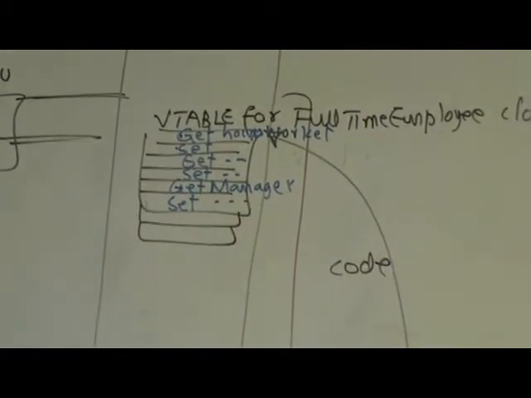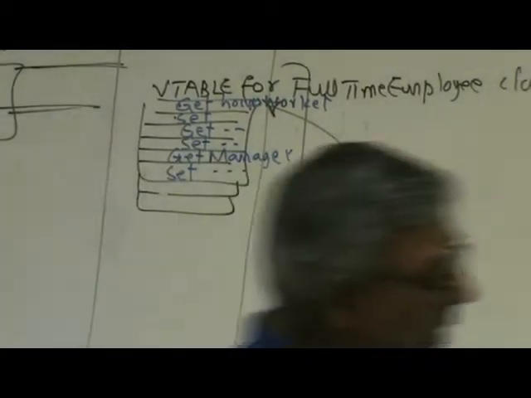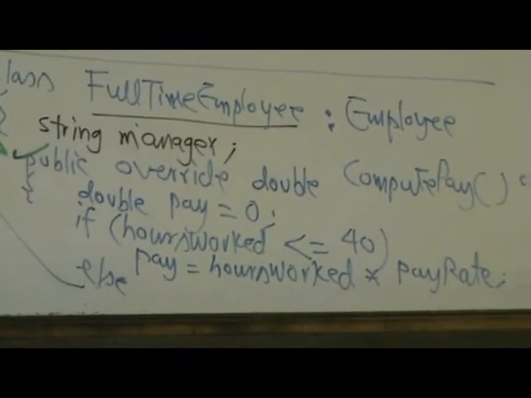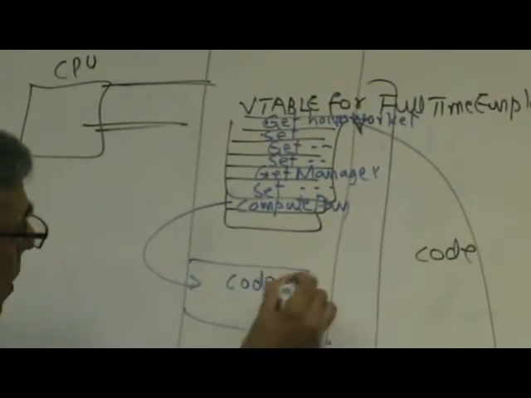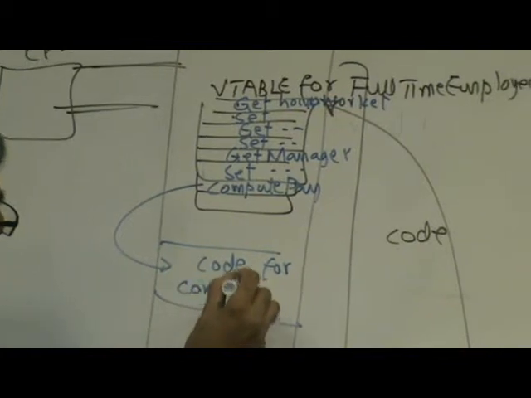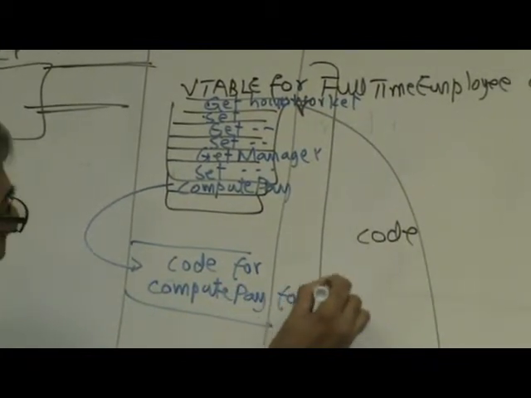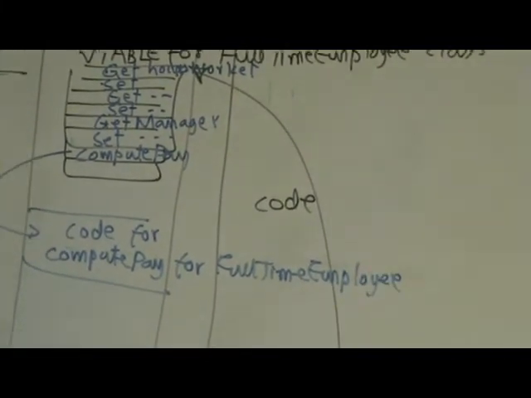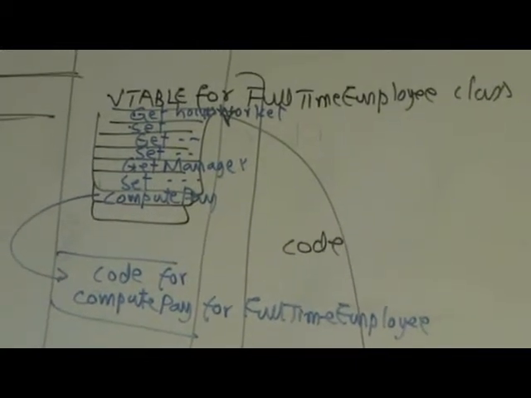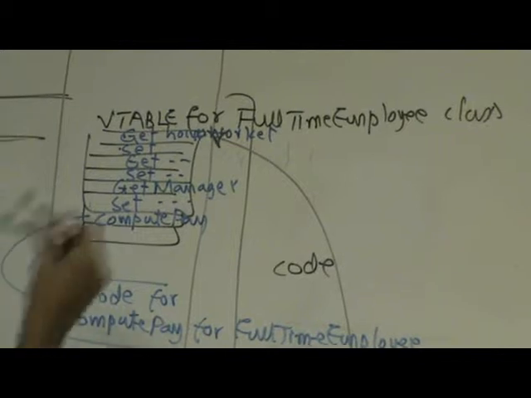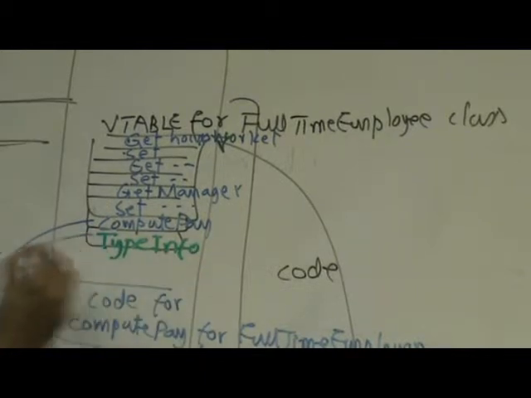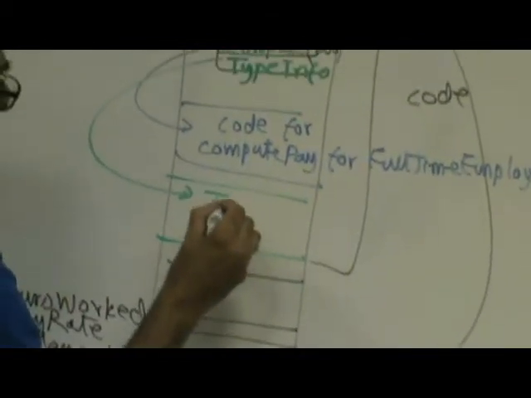Then the 7th entry will be for the compute pay, and this will be pointing to the code for compute pay for the FullTimeEmployee class. The last entry in the vtable will be the type info.